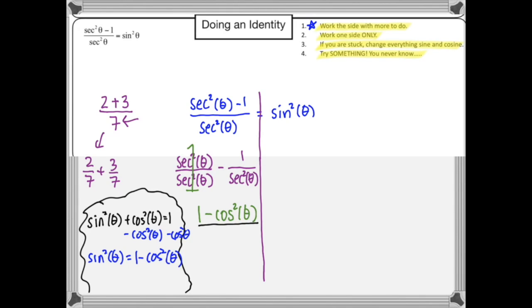Now that's good news because this and this are the same, so I'm going to use substitution. This 1 minus cosine squared theta is actually sine squared theta by definition.